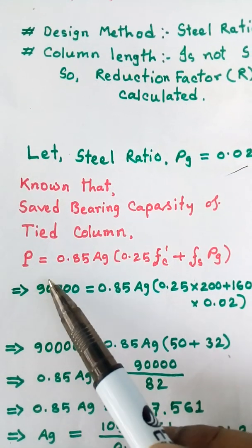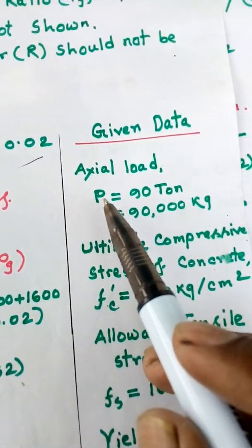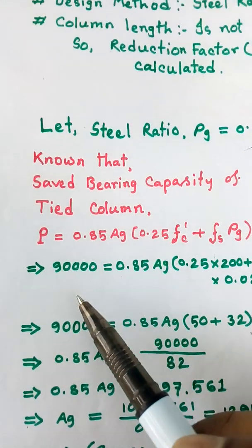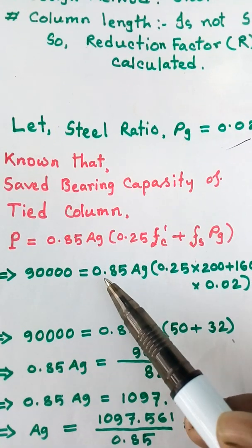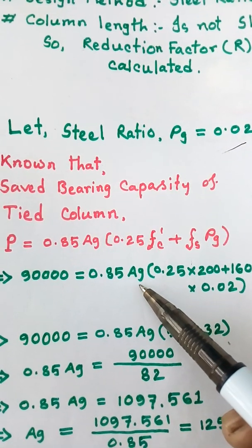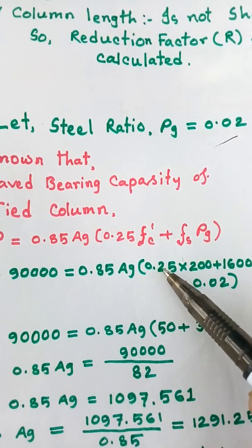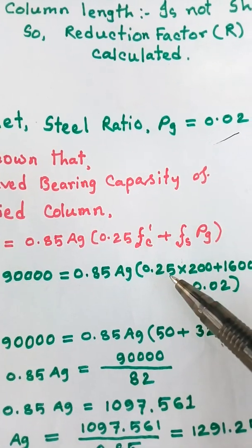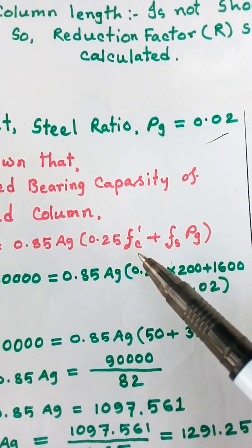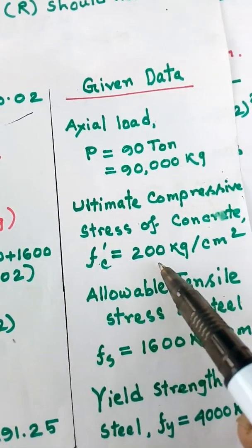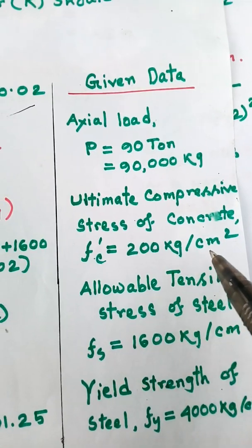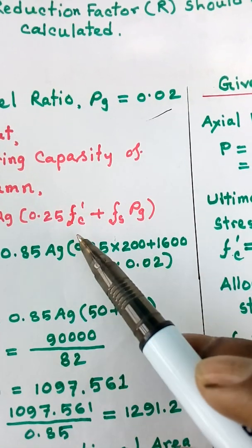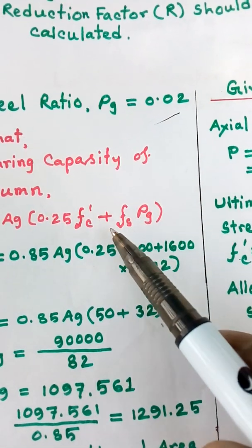The value for P is 90,000 kg. So 90,000 equal to 0.85 Ag bracket 0.25 A prime C. The value for A prime C is 200 kg per square centimeter, plus Fs.